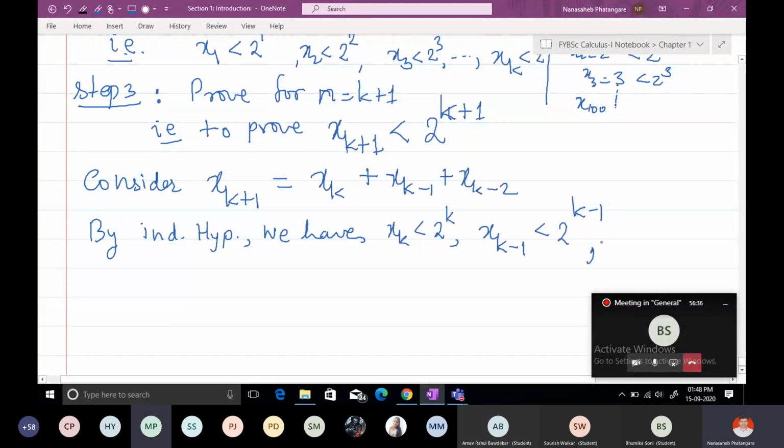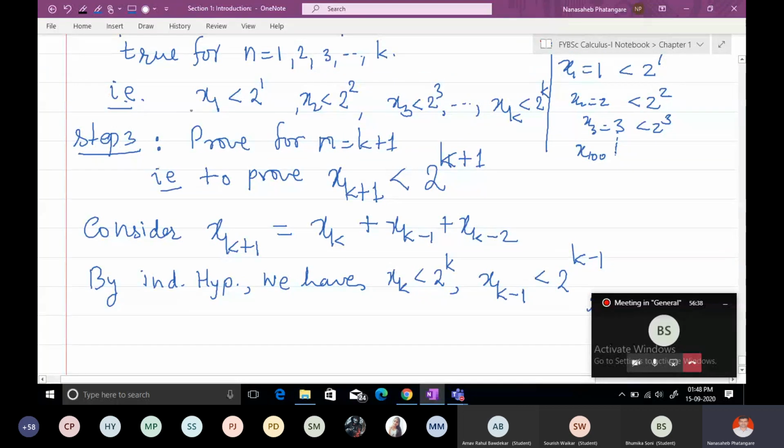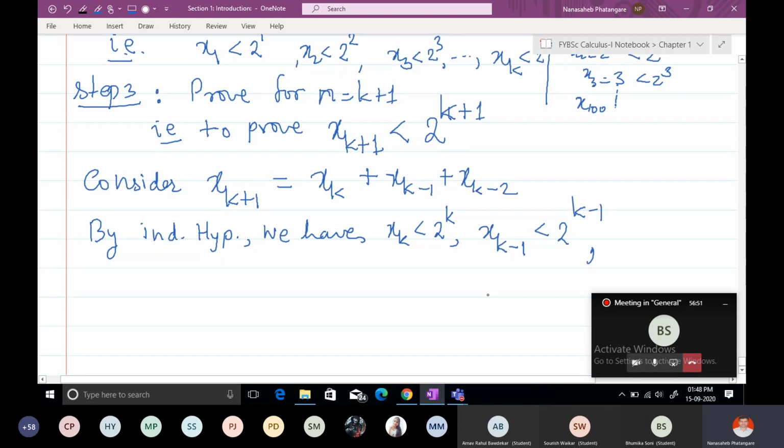Yes, sir. Certainly, because I am assuming x1, x2, x3, up to xk, then what is the previous? xk minus 1, what is the previous? xk minus 2 and so on. That means before xk everything satisfies this, right? Therefore, certainly I can write xk minus 1 is less than 2 raised to k minus 1. Can I say that the same thing is true for xk minus 2? By induction hypothesis, yes. Okay, very good.